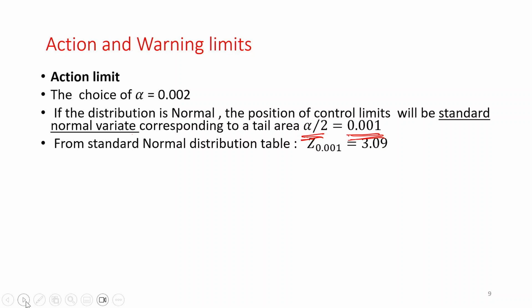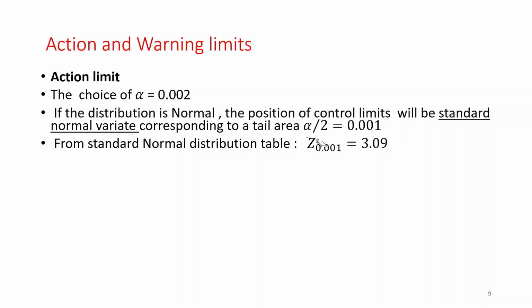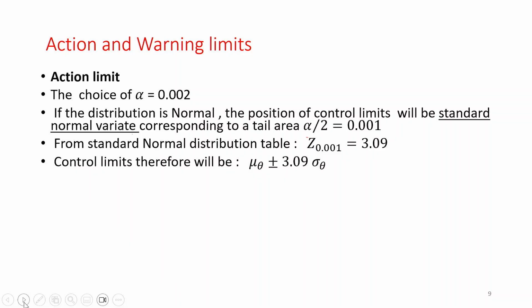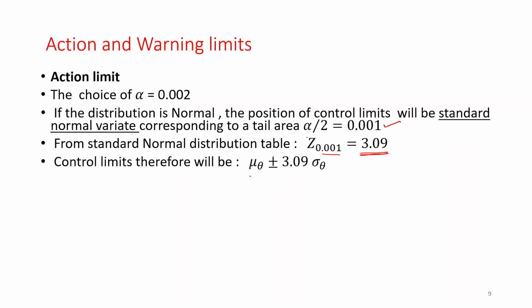If we look at the Z table, and find out corresponding to 0.001, this value alpha by 2, what is the value of Z? So Z for 0.001, you will find the figure 3.09, and the control limits therefore will be what?